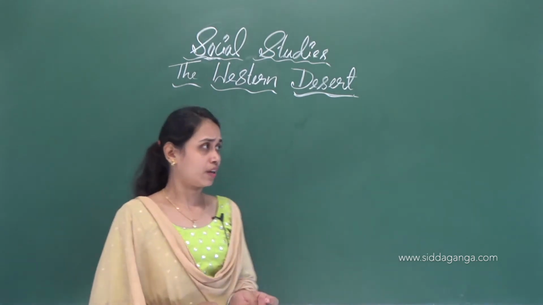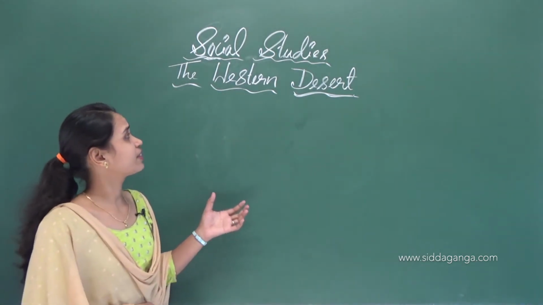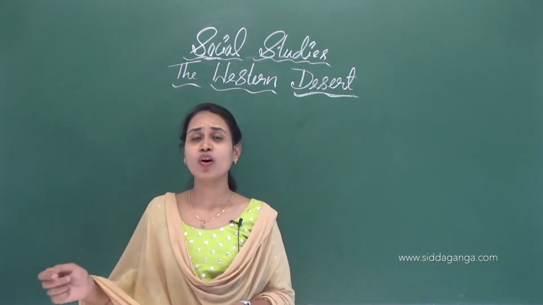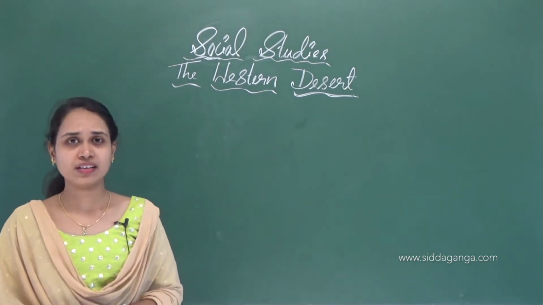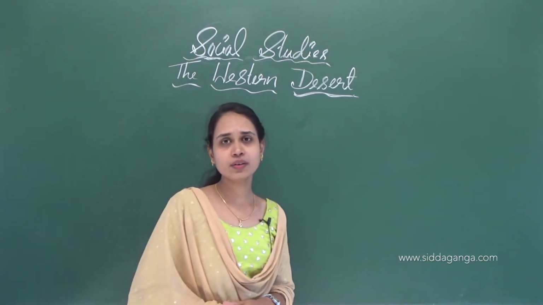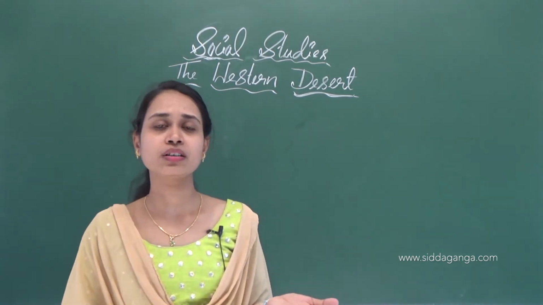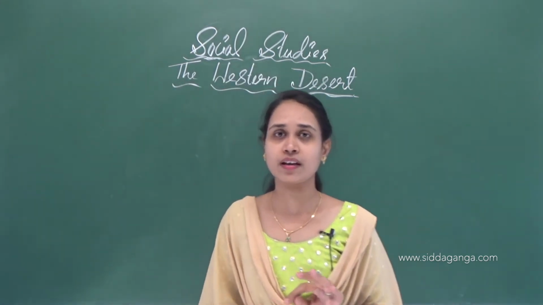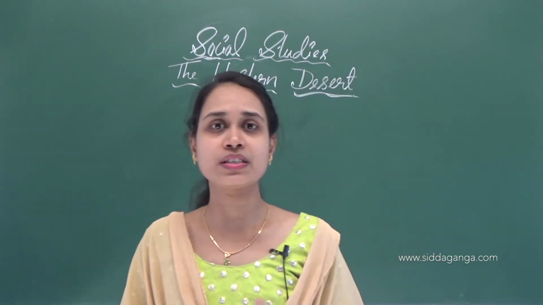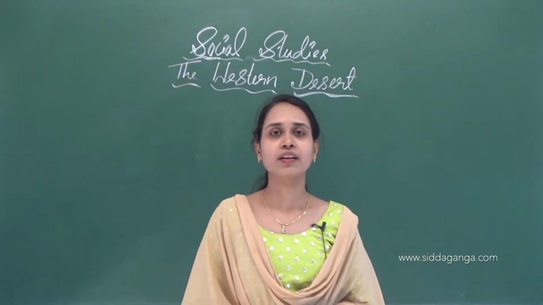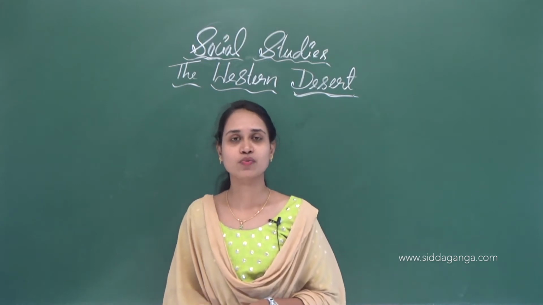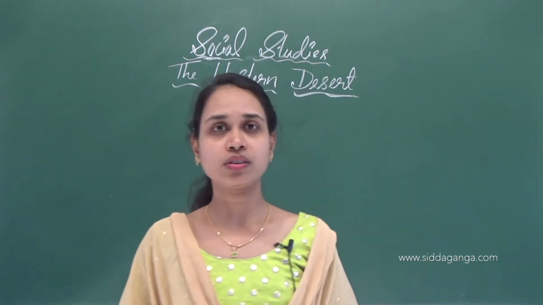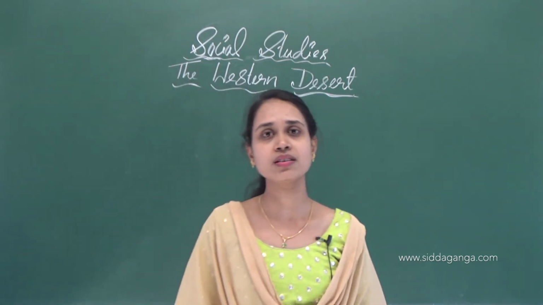And we know about the Western Desert. In our previous class I already told you that there are 5 physical features of India. The first is the Northern Mountains, then the Northern Plains and the Western Desert.